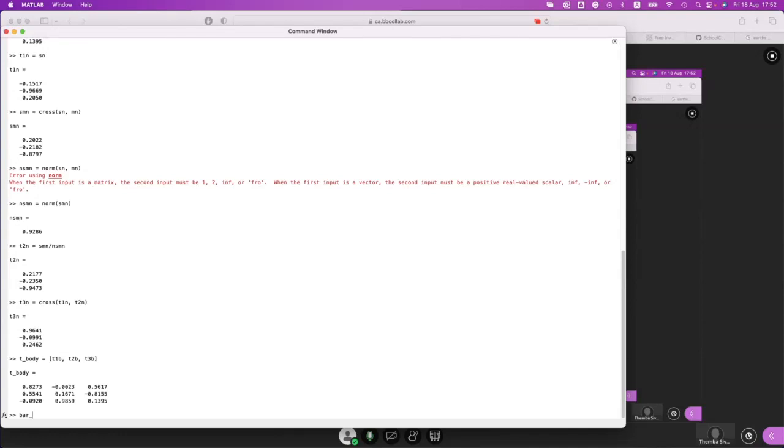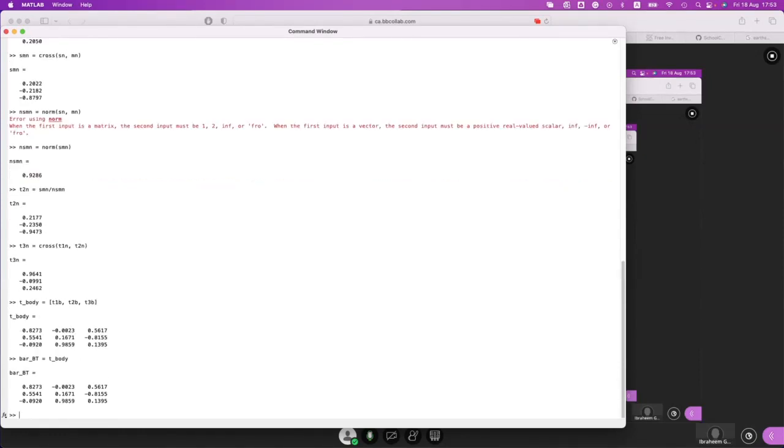B bar BT is what your T body is. So that's the one you're talking about. This is the one with the bar BT on slide 24. Okay.